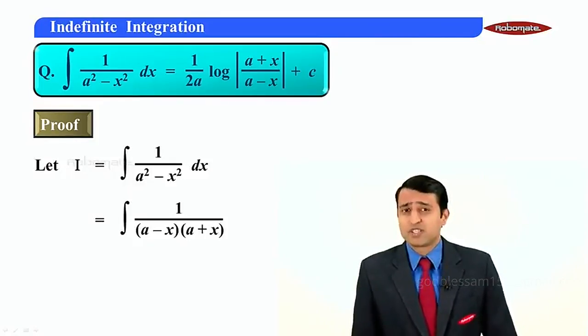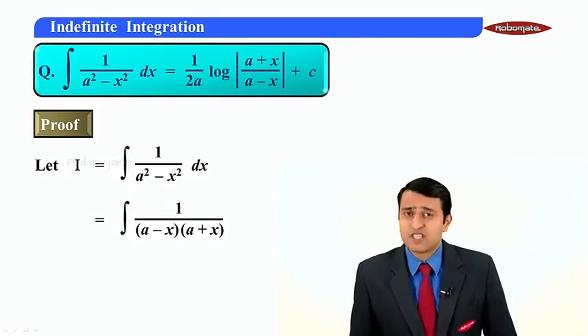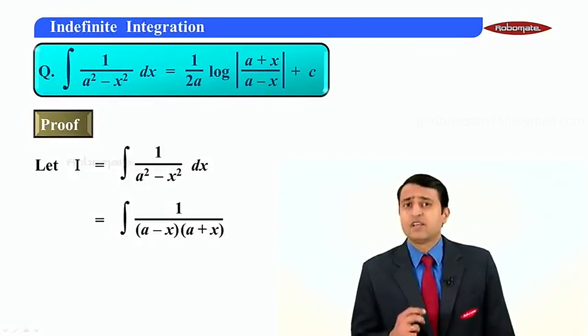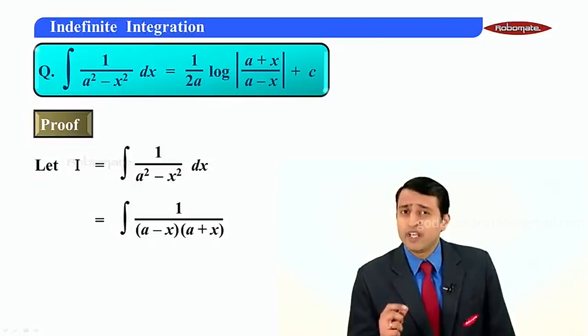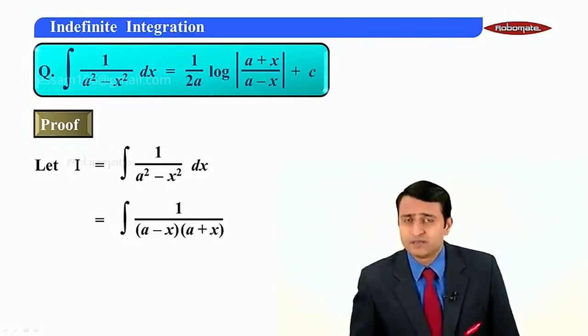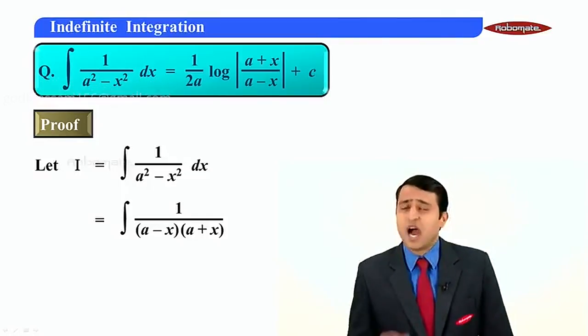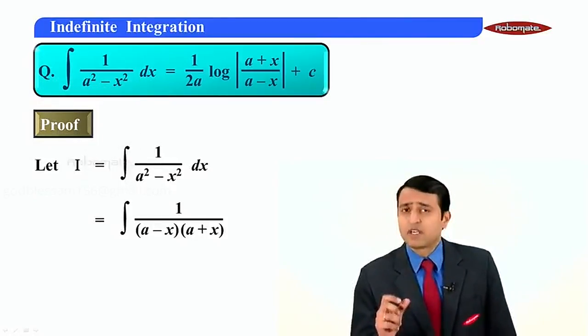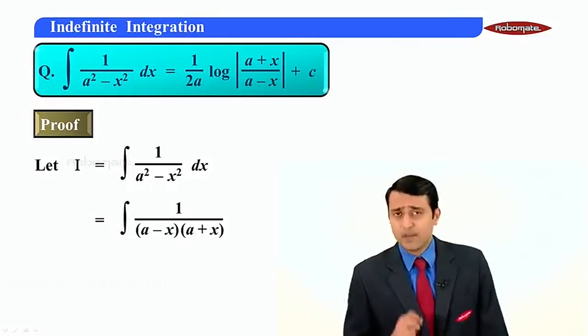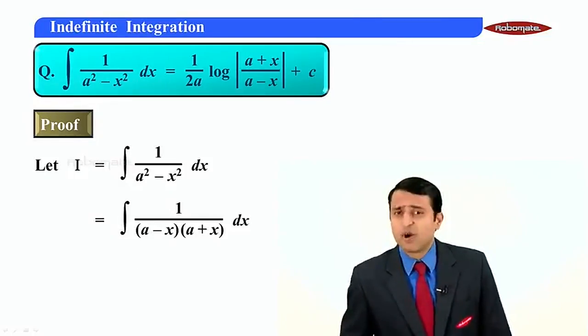Now my dear students, the problem we have here is the denominator is having a product of two terms, and we know how to integrate only addition of terms, not multiplication. So let us see how to convert the multiplication in the denominator to addition of terms. You need to observe a small thing here.